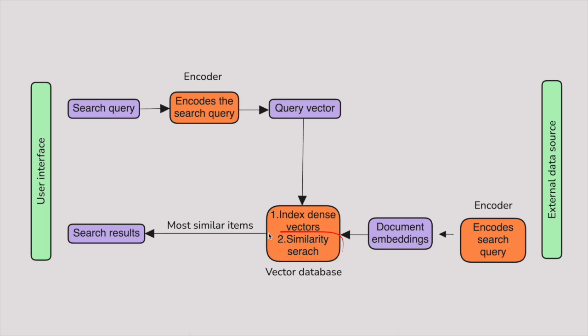So once we have the data in the database, first, the user sends a query, which in case it's a text would be a sentence or a question. Then the text gets encoded using the same algorithm as the external data was encoded, and then it gets passed to our vector database that does the similarity search based on the query, and then it finds the similar items.